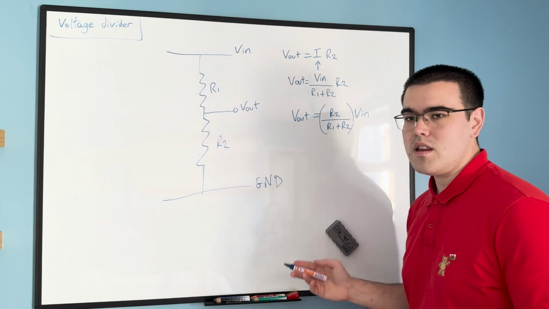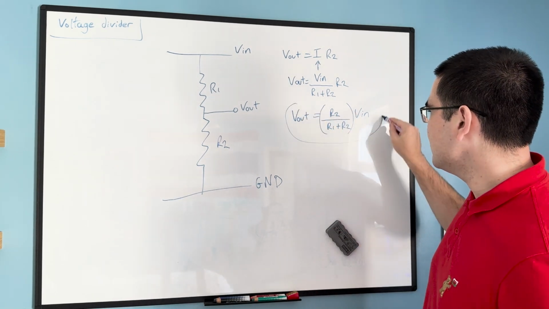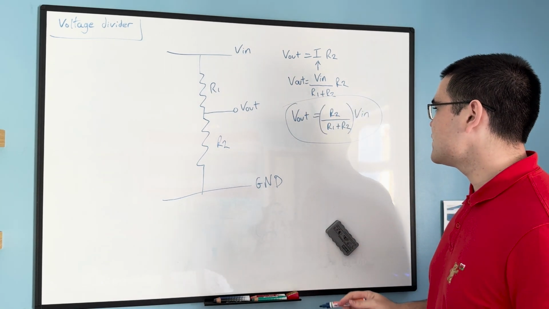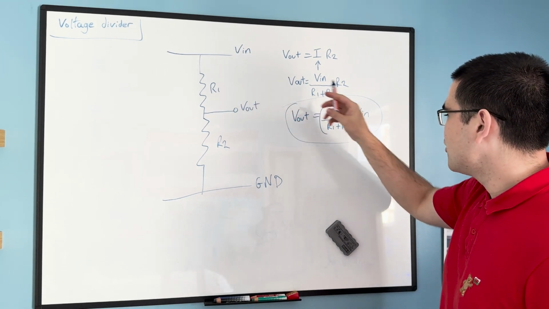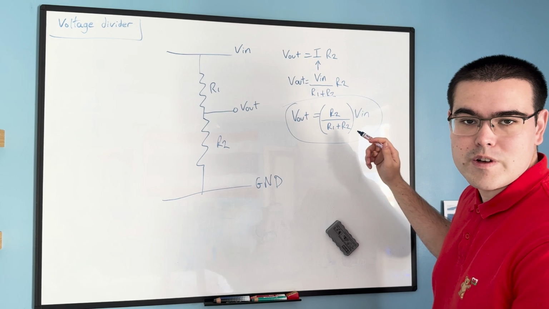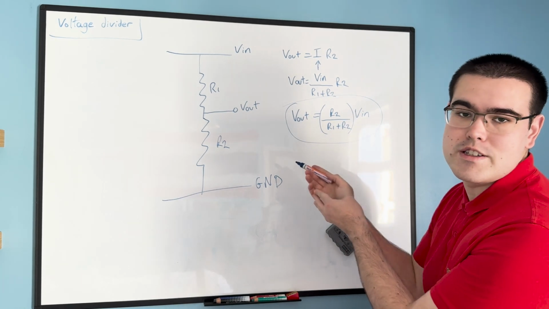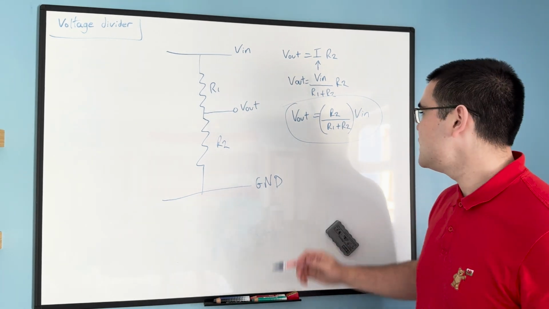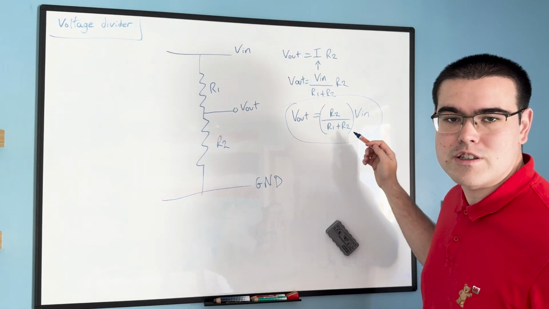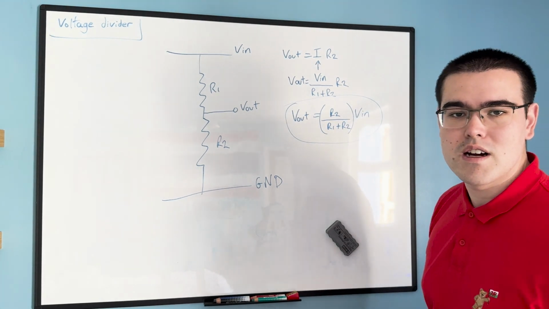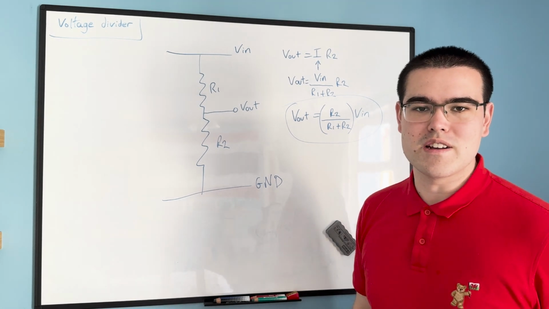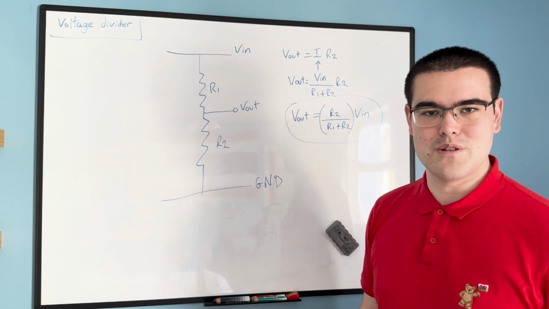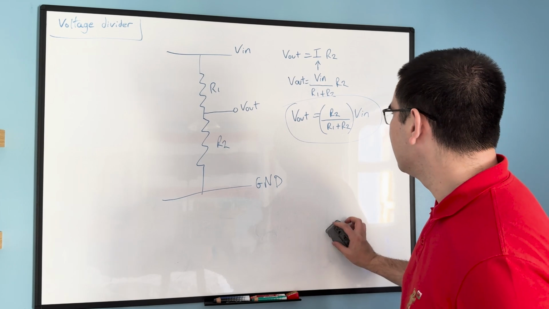So the reason I write it out like this is to show us that the ratio of the resistors that we choose here determines a fraction of the input voltage, which will give us the output voltage, hence the voltage divider. We take a fraction of the input voltage according to the ratio of the resistors that we choose. That's all there is to a voltage divider. The analysis is that simple, okay?